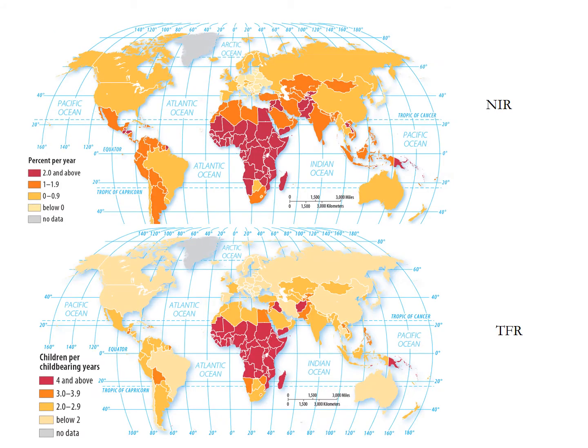Now, what you see here is the difference in NIR and TFR. If you look at NIR, we can see the general trend once again between MDCs and LDCs, that the LDCs, the less developed nations, have higher rates of natural increase. That means they have growing populations, whereas the developed world has lower rates of NIR. And now if you look at the total fertility rate, this is simply births inside of a country.